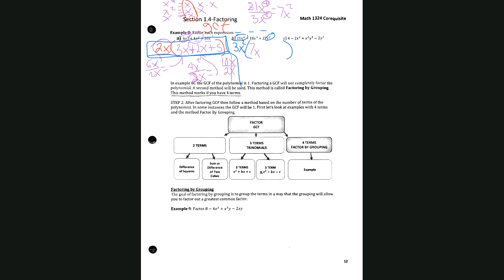Then we have negative 18x to the third power, and we're factoring out a positive 3x squared. So the answer in this case will be negative 6 if we divide 18 over 3.